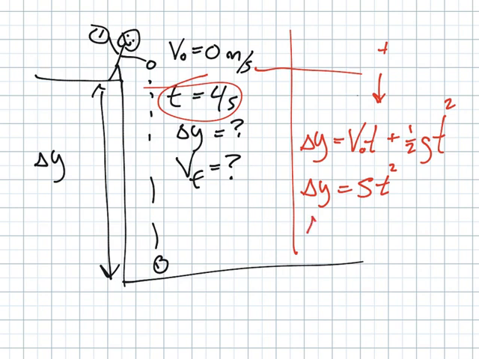So delta y is 5 times 4 seconds squared. And the units on this 5 are meters per second squared. All right, 4 squared is 16 seconds squared. So 5 times 16 is 80.